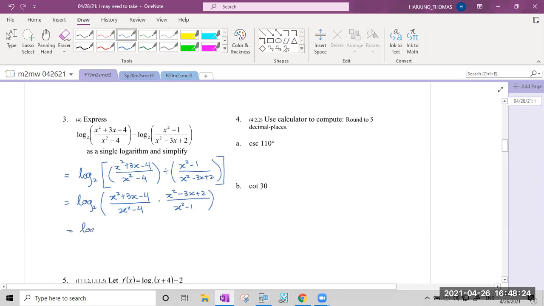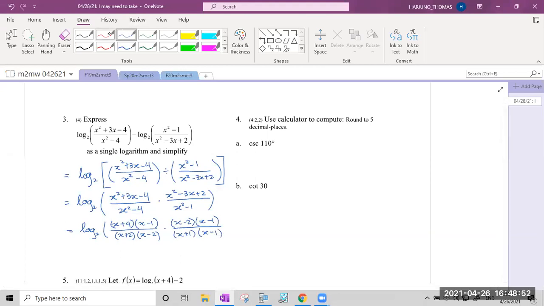You will factor and simplify as much as possible. So x minus 1 will cancel. x minus 2 will also cancel. Is that all? Yeah, that's all.